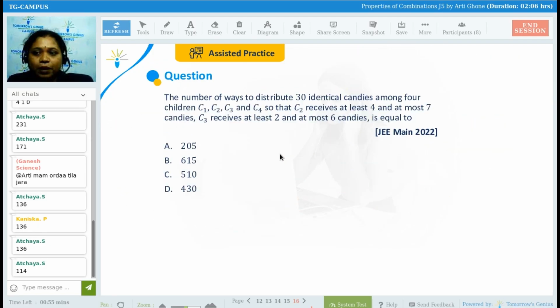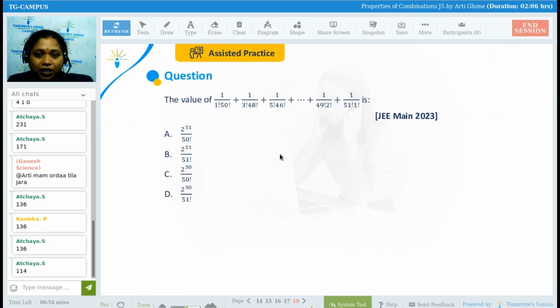I have tried my best to keep you updated. 50 plus 1, 51. 48 plus 3 is again 51. 46 plus 5 is again 51. So if I could adjust a 51 factorial in the numerator, every term has a solution there. Clear?